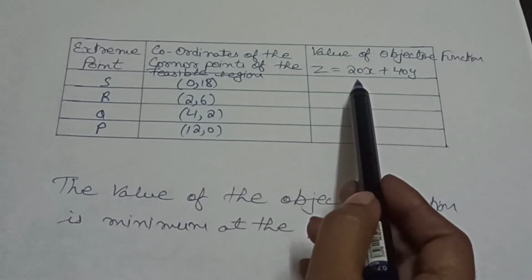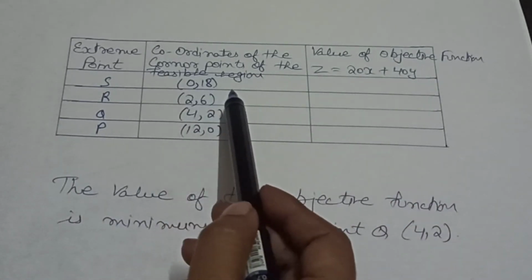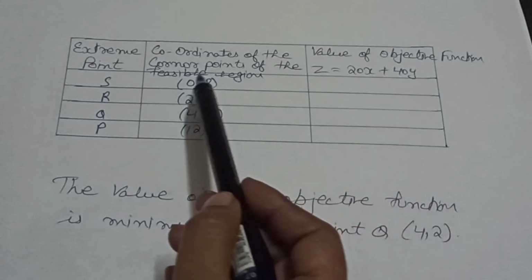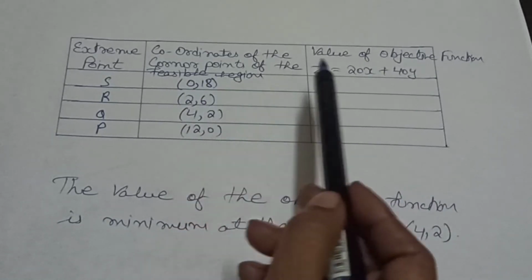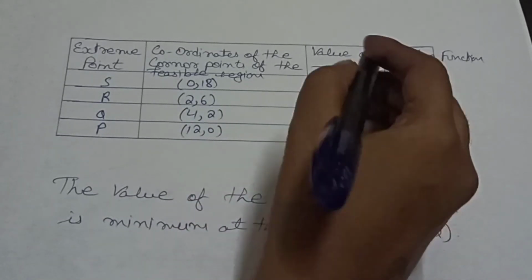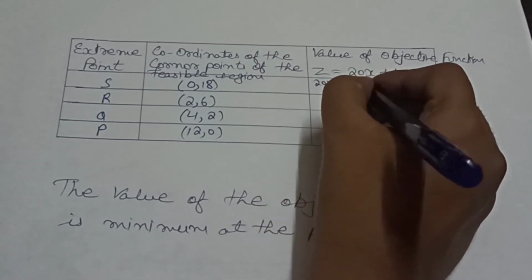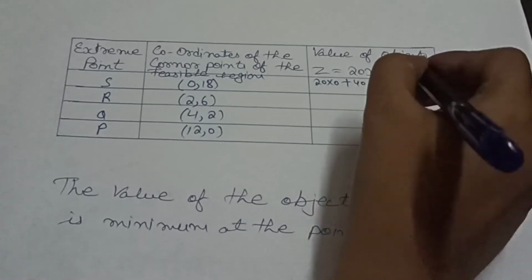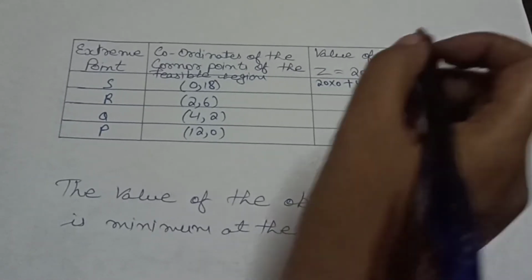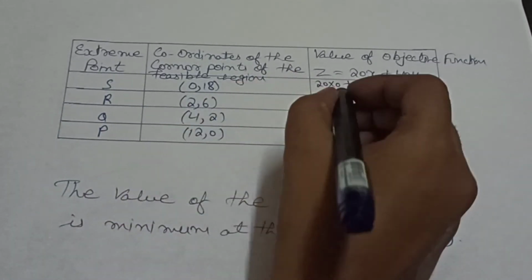So this is our minimization function. Now we will put these values in this function. For the first point, 0 and 18, x is 0. So we can write here 20 into 0 plus 40 into 18 equal to 720. So here 2 and 6.